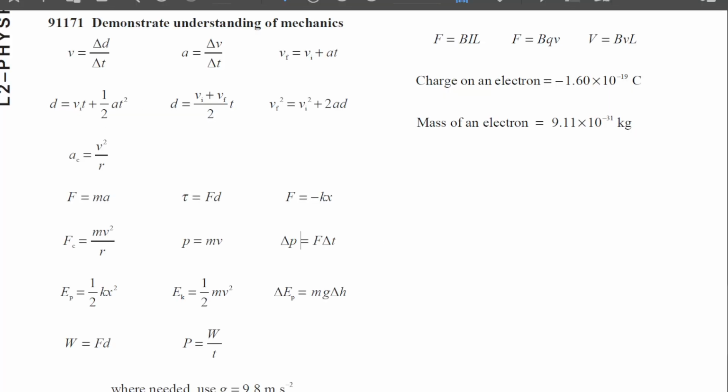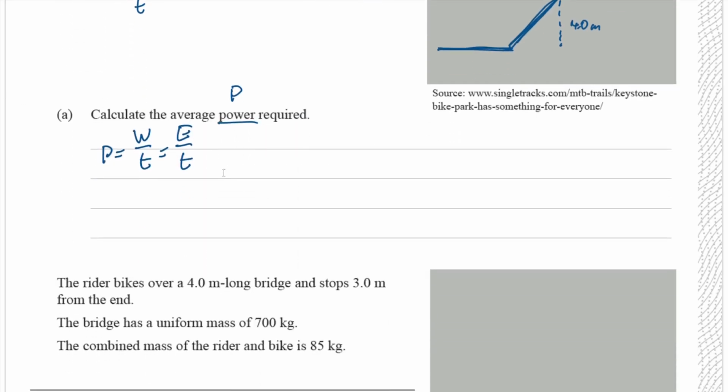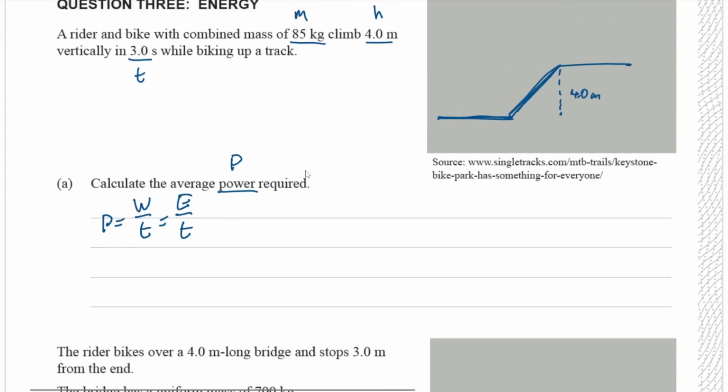And in our formula sheet, we can jog our memory. So EP equals mg delta H. Let's bring this down here, just listing out the formulas we're going to need.